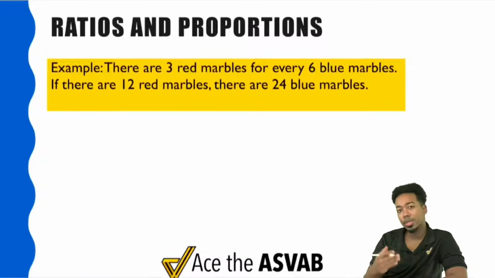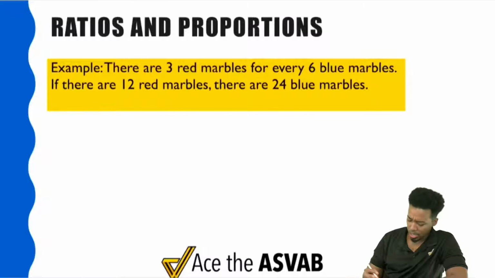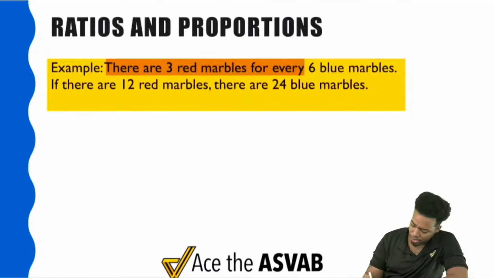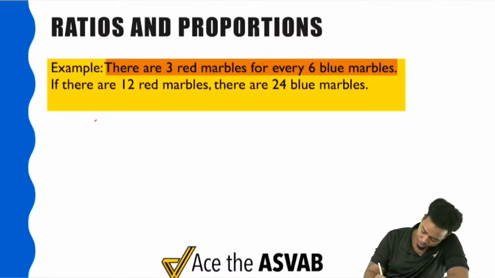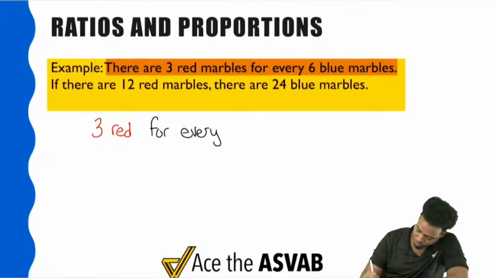Let me show you the idea of comparing the same things in the same way. What does that mean? How do we set up a proportion? Everyone, let's go through this. Is it true that the first sentence says 3 red for every 6 blue, correct? Yes or no?